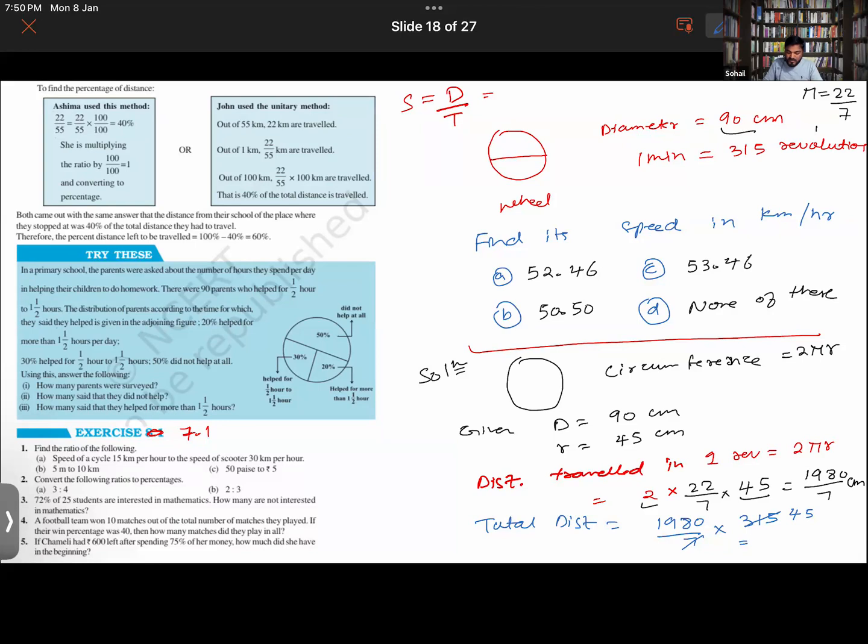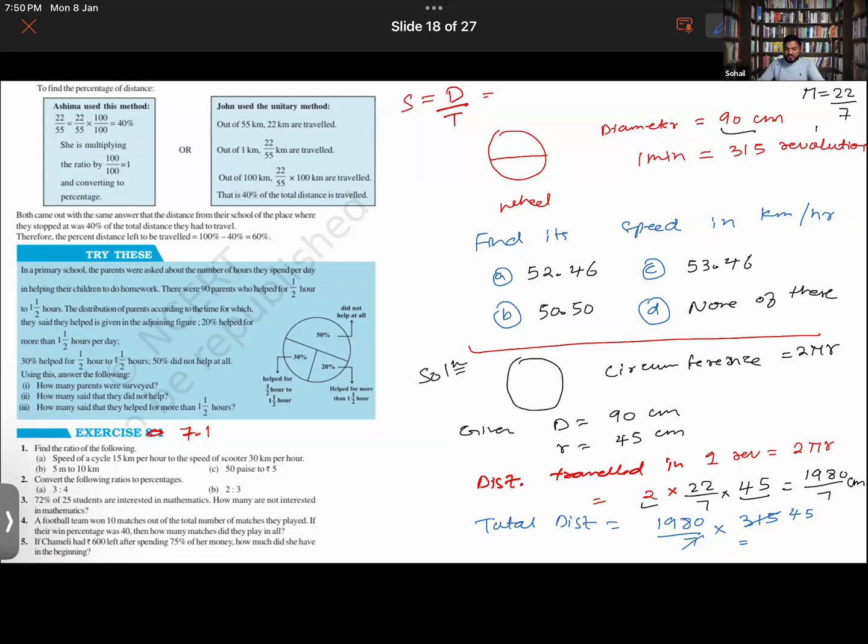Simply, we multiply 1980 by 45. One of you please multiply this value and see what value you are getting. Multiply 1980 with 45. Sir, it should be around 69,300.